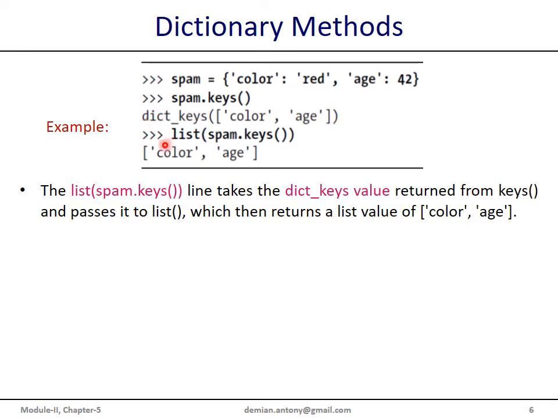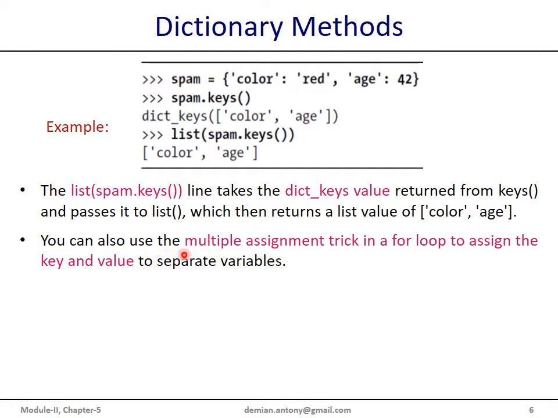In order to generate a true list from the keys method, we have to pass this list like structure generated from spam.keys as a parameter to list, and now if we print this list, we get the true list. And at this point, as a programmer, we can insert or append new elements to this list.